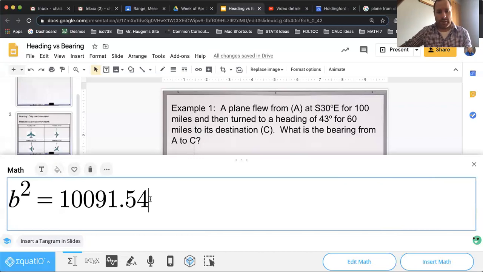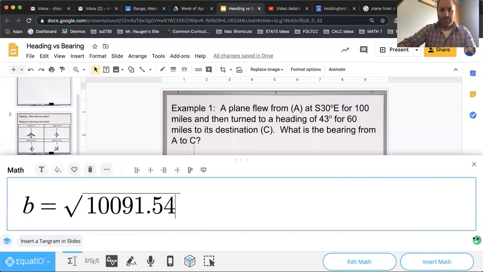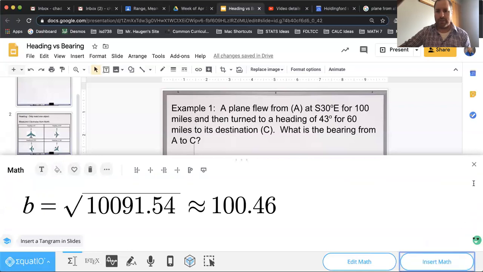So then to finish solving that, we could take the square root of 10,091.54, which is not going to work out perfectly. It's about 100.46. 100.46 miles.